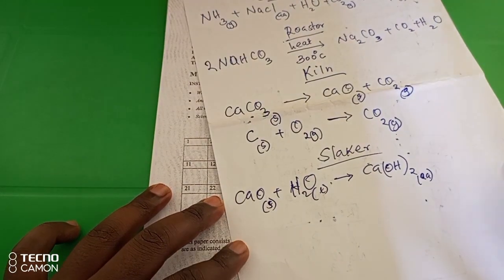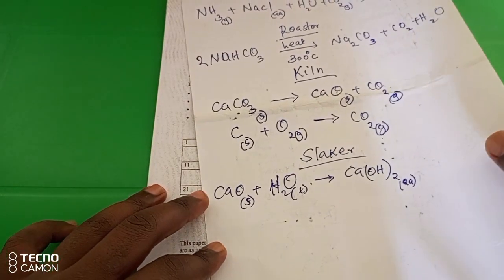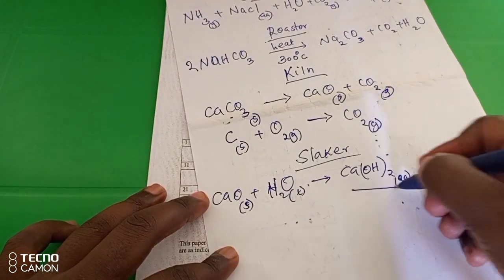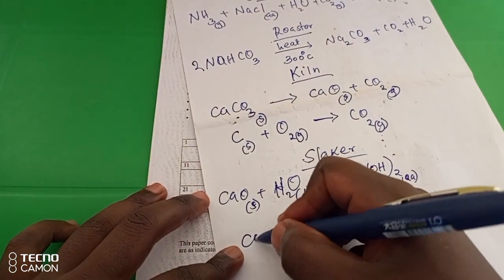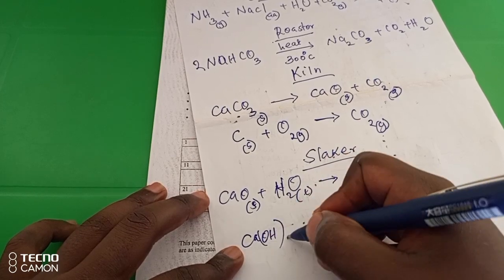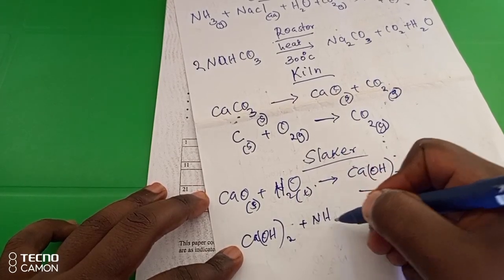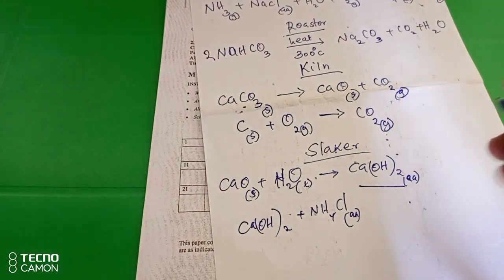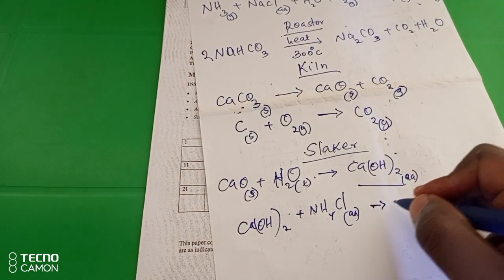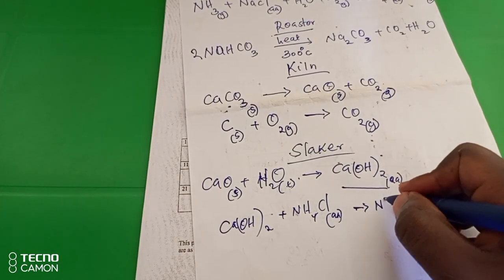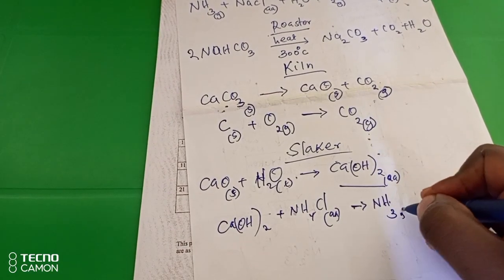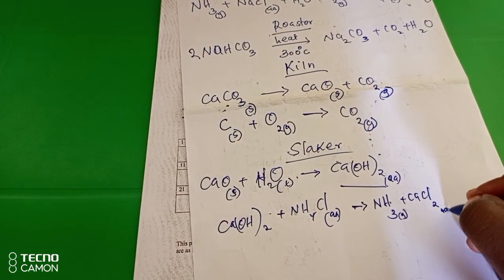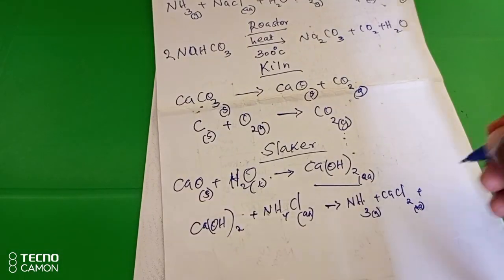So this calcium hydroxide reacts with ammonium chloride to form ammonia gas, calcium chloride, and water.